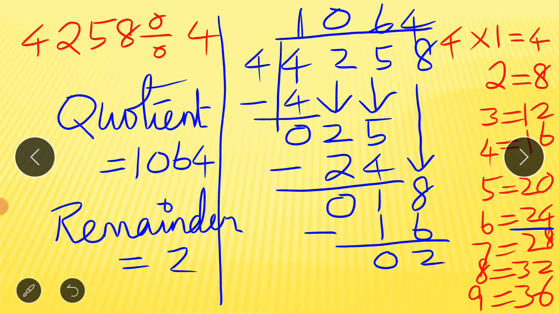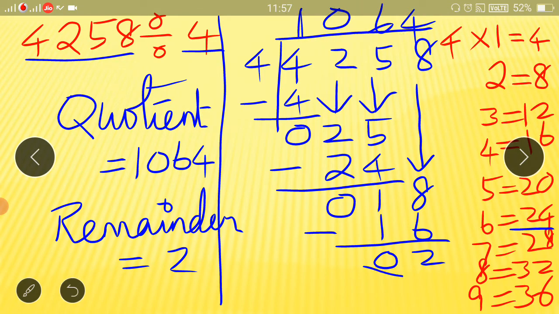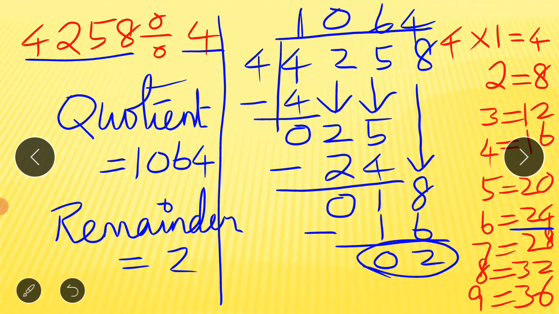After sharing, each of your 4 friends received equally 1,064 rupees. Then after sharing, you have the remainder 2 rupees. So there are 4 terms: dividend, divisor, the answer quotient, and the remainder.